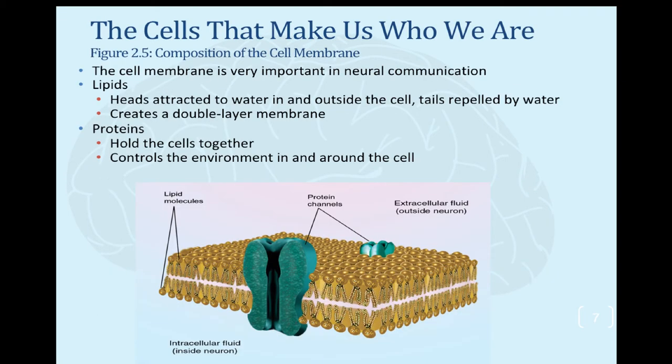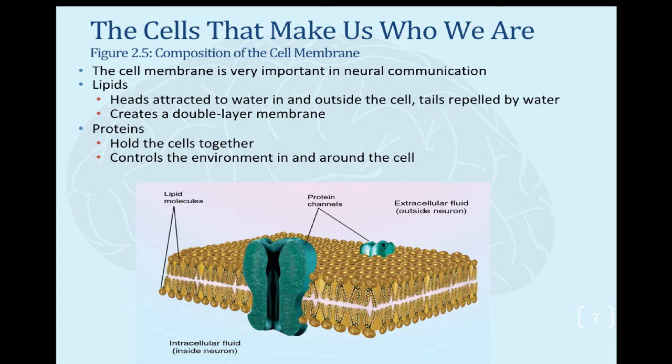The cell membrane is very important in neural communication. So let's take a look at how it works and what it's made out of. It's made out of lipids, fats, right? So these fat molecules, or lipid molecules, are arranged in such a way that they form what's called a semi-permeable membrane around the cell.